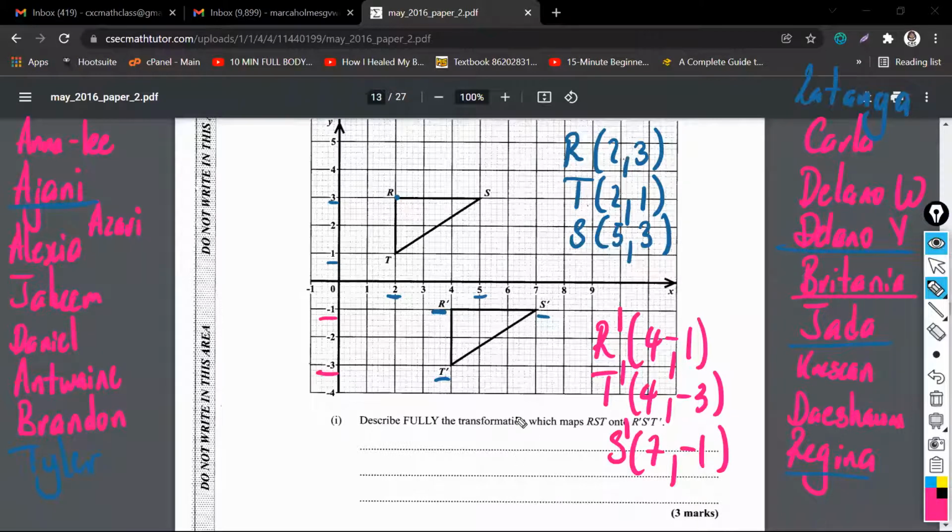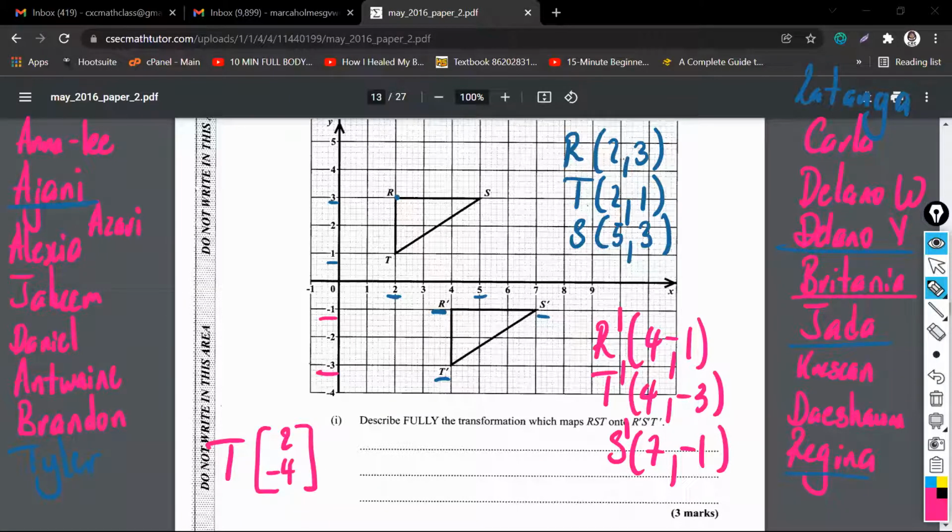So guys, they're asking us to describe the transformation which maps RST onto R prime S prime T prime. But guys, it's a little obvious to see for me that they did a translation where the points moved 2 for the x-axis and minus 4 for the y-axis.